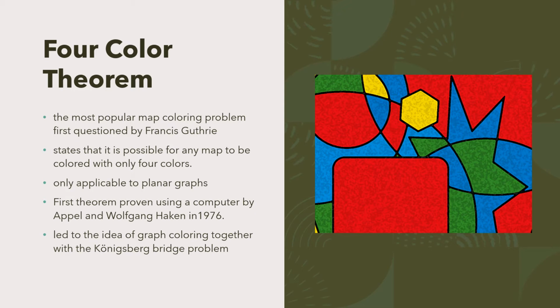The other problem that led to the idea of graph coloring was the Königsberg Bridge problem, which questions the possibility of crossing each of the 7 bridges of the town Königsberg exactly once.